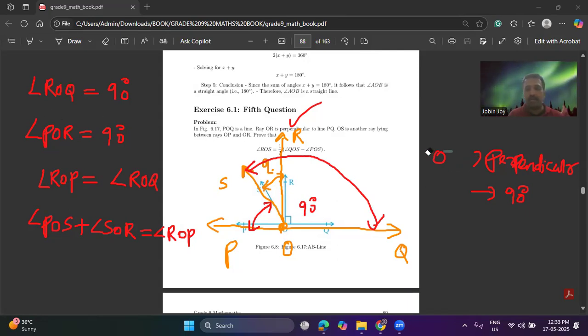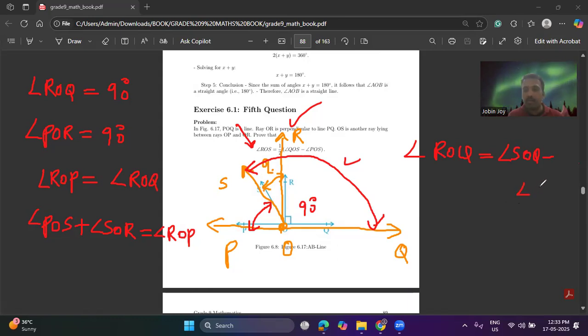So angle ROQ will be this full angle, SOQ, minus this angle, angle SOR. So angle ROQ equals angle SOQ minus angle SOR. So this is our equation.